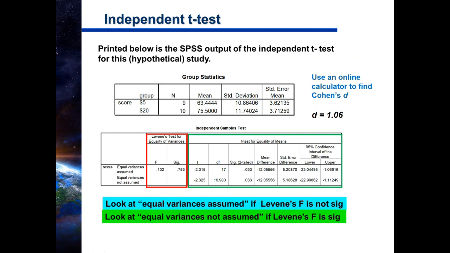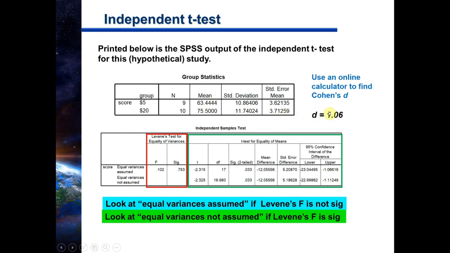We plug the numbers into SPSS and run our independent t-test. And this first box, just remember, tells us some useful information: sample sizes for each group, their means, standard deviation, and standard error of the mean.